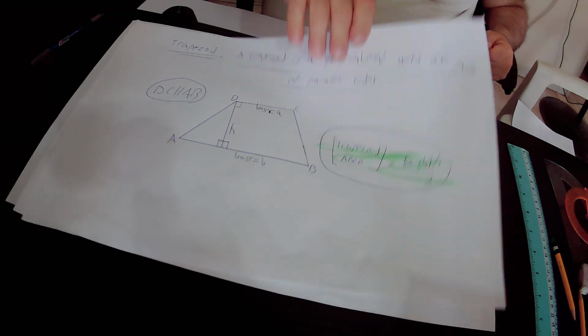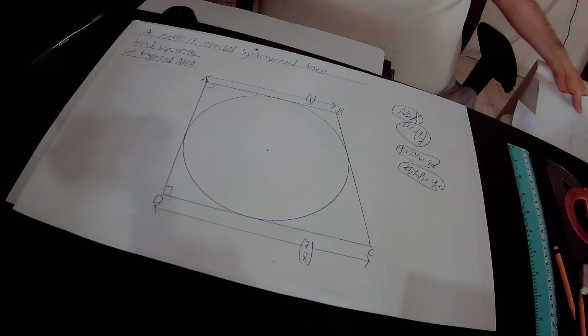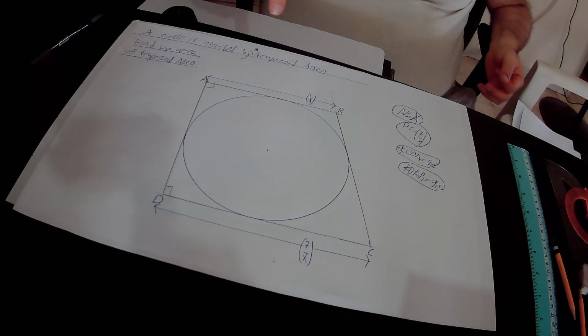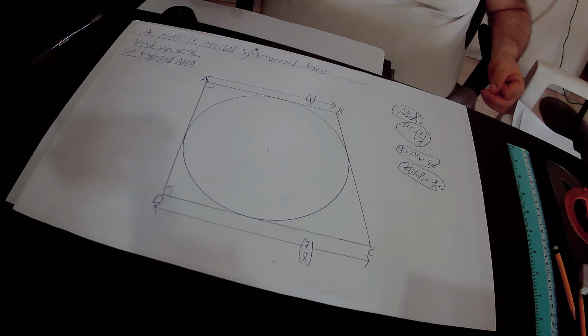First of all, we will define the points of tangency of this trapezoid ABCD with this circle using letters.